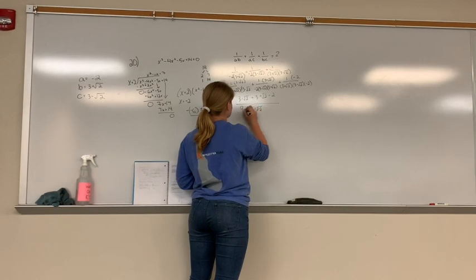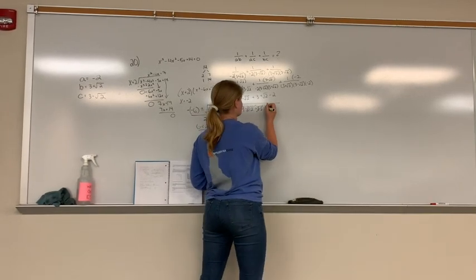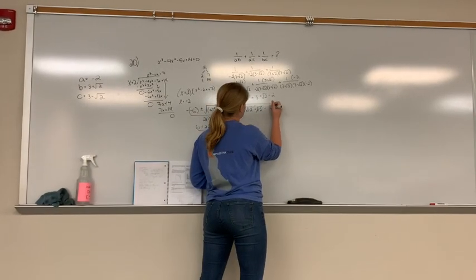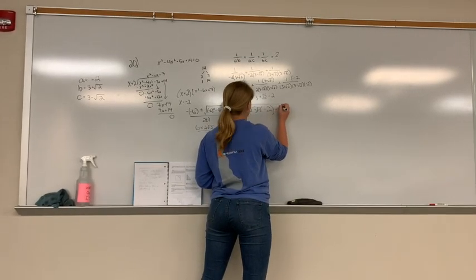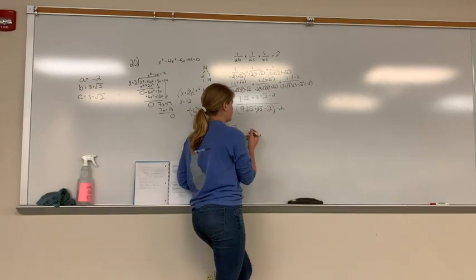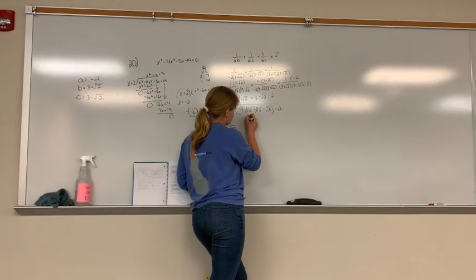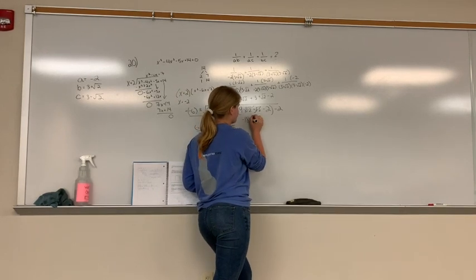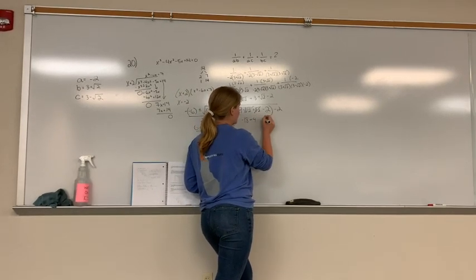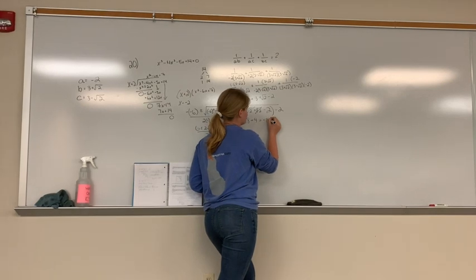Those cancel out, and then you have the square root of 2 squared, so that's minus 2. All of this is times negative 2. So you get negative 9 times 2 is negative 18, and then negative 2 times negative 2 is positive 4. So the whole bottom is equal to negative 14.